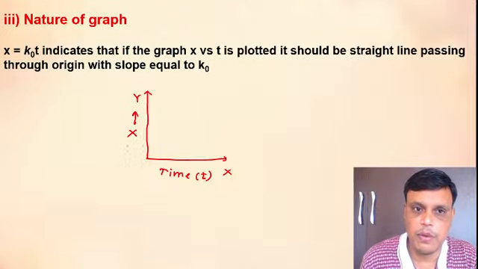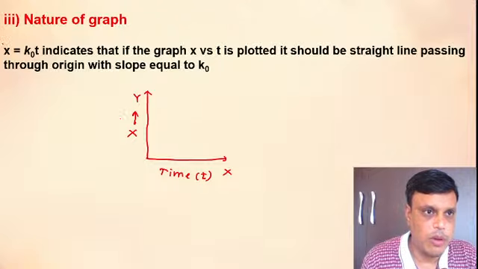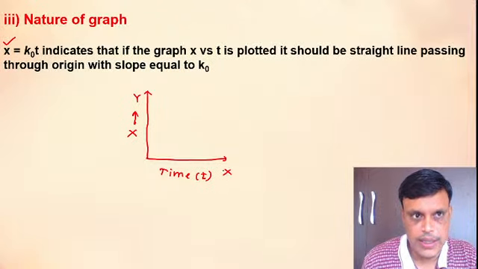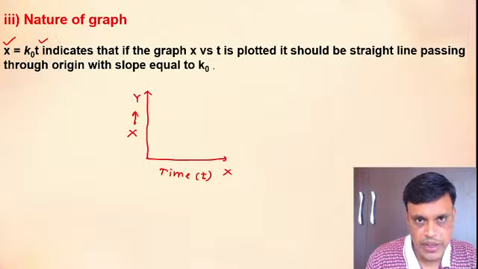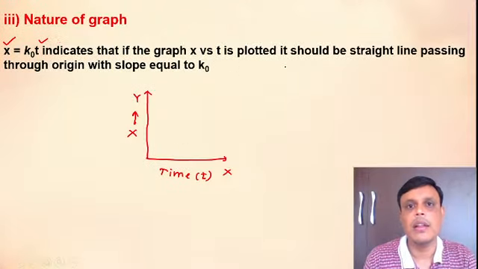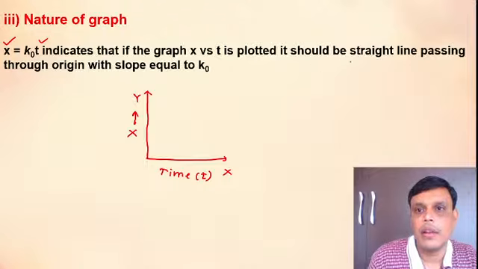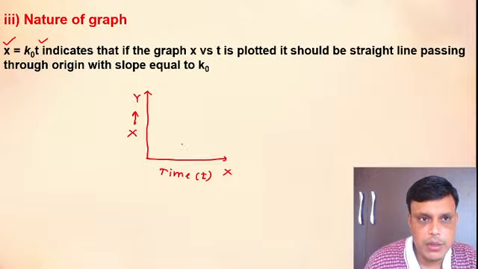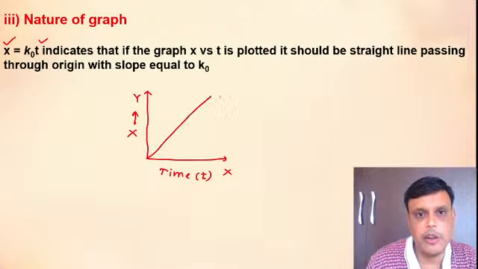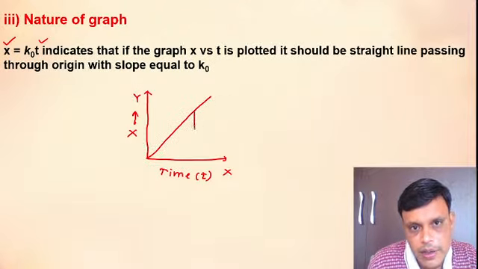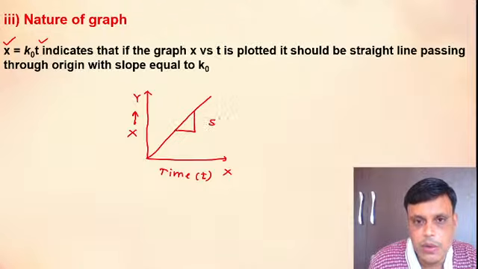On the y-axis we have plotted x, and on the x-axis time. So this graph indicates that the line should be a straight line passing through origin, and if you take the slope of this line, it is equal to k0.